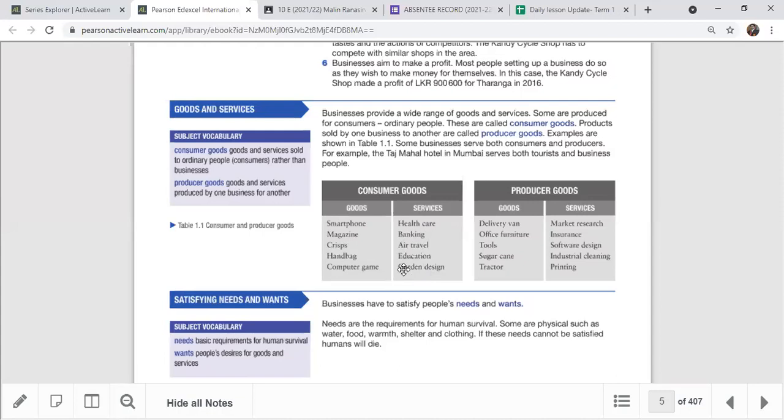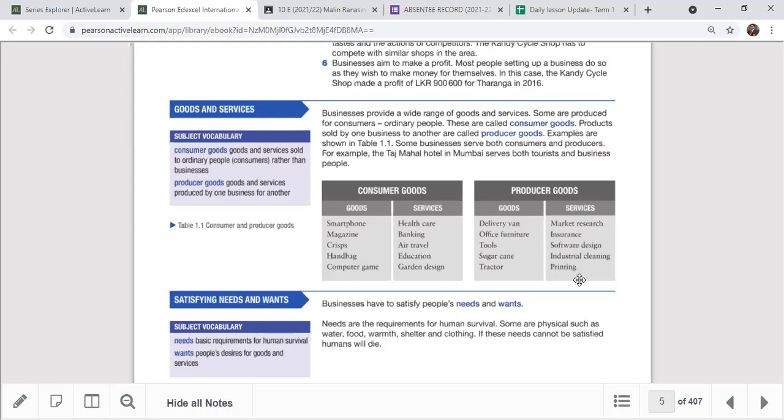Write down a few examples. On the other side, you can write down the producer services, the services consumed by businesses: market research, insurance, software design, industrial cleaning, printing.